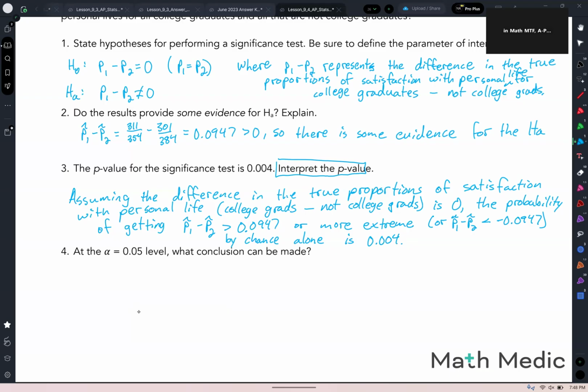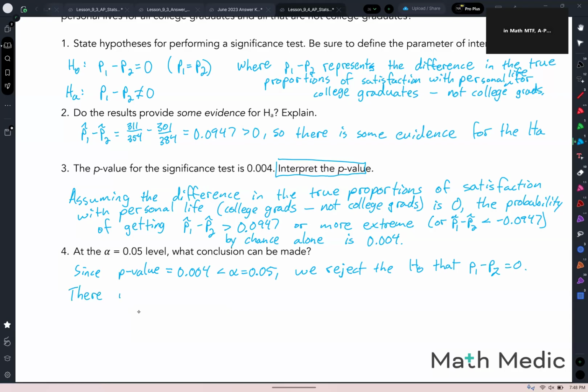So since the p-value equal to 0.004 is less than alpha equals 0.05, we reject the null hypothesis that P1 minus P2 equals 0.